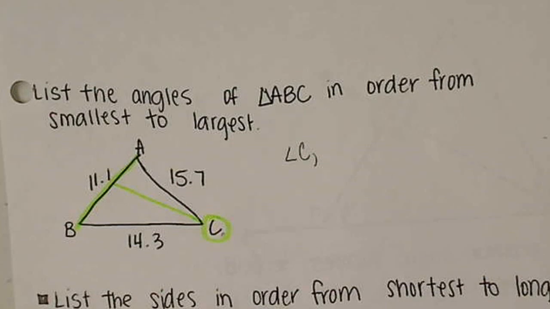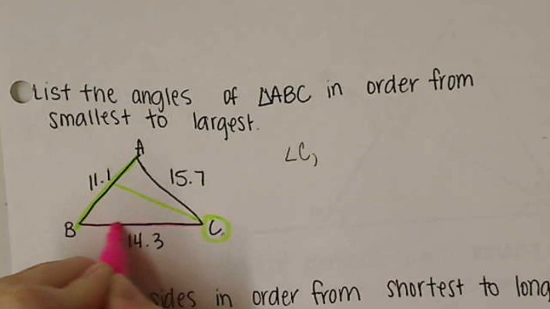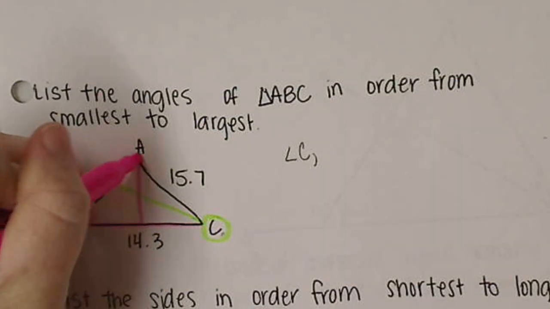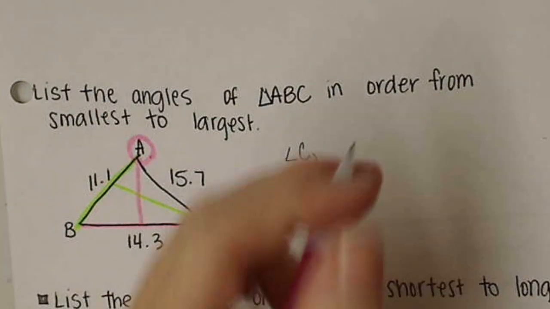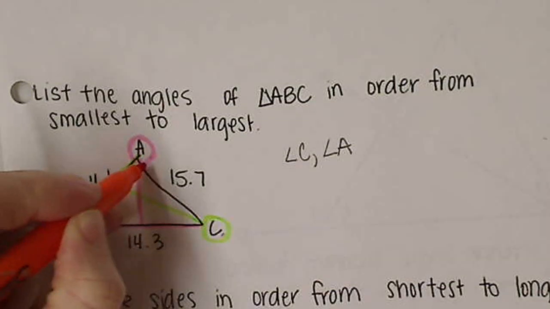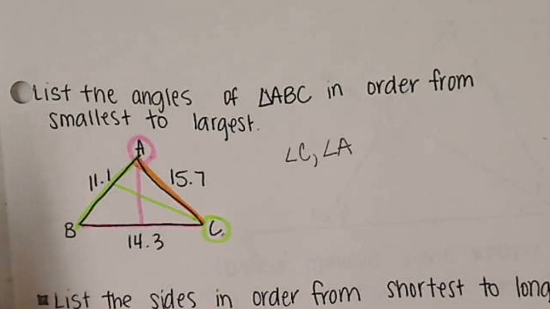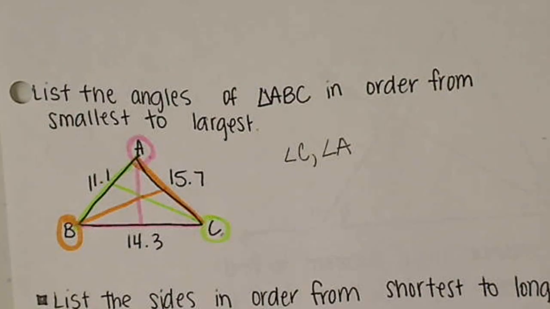The next smallest side is BC, 14.3. So the angle that corresponds to it is directly across, which is angle A. So angle A is the next smallest. And the largest side is AC. It's 15.7. The angle that corresponds is right across, angle B. It will be the largest angle.